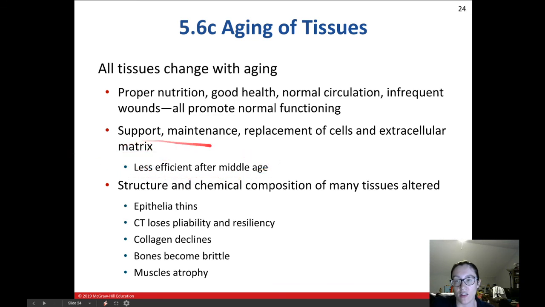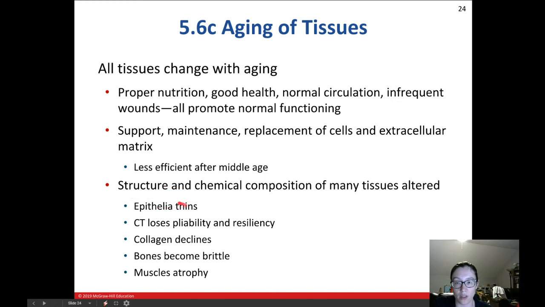After middle age, the cells that are dividing to make the fibers and things become less active, and the mitotic cells are less active, so we're not going to be able to replace the cells or extracellular material as often and as well. So our tissues don't necessarily heal as well or as quickly after middle age. And then the structure and chemical composition of many tissues can be altered.